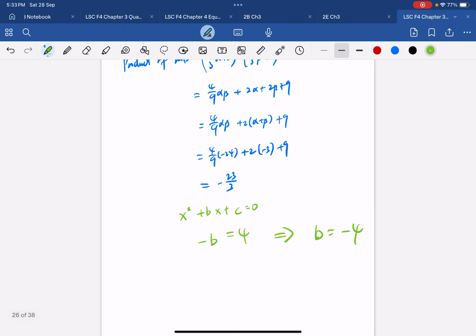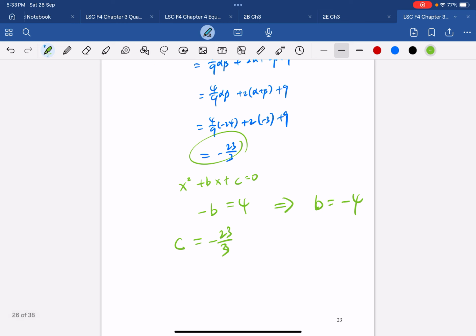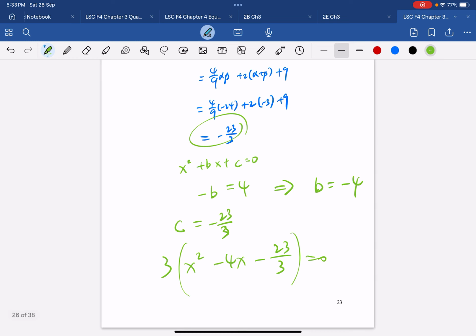Product of roots is c divided by 1 because a is 1 in this case. So c is negative 23 divided by 3. So substitute these two numbers. X squared minus 4x minus 23 over 3 is 0. So multiply the whole equation by 3, since I don't want to see fractions. So it will give you 3x squared minus 12x minus 23 equals 0.